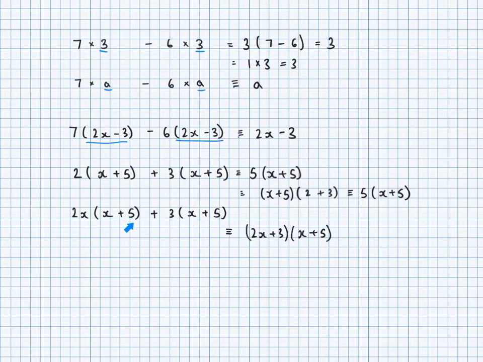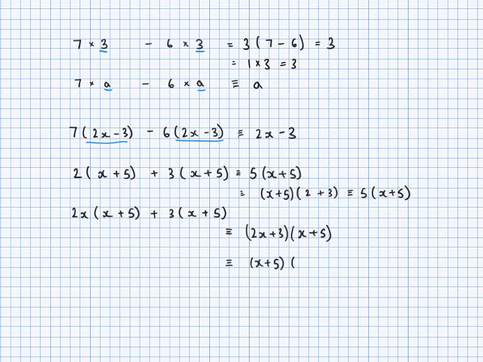The other way to look at it would be to say, okay, x plus 5 is a factor of this expression here, where I have 2x times x plus 5. And x plus 5 is also a factor of this expression here, where I have x plus 5 times 3. Now, that means that x plus 5 will factorize. So x plus 5, what I have is, I have x plus 5, and I'm multiplying my x plus 5 to 2x.